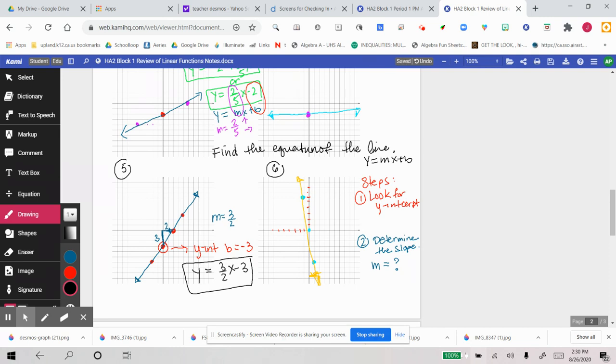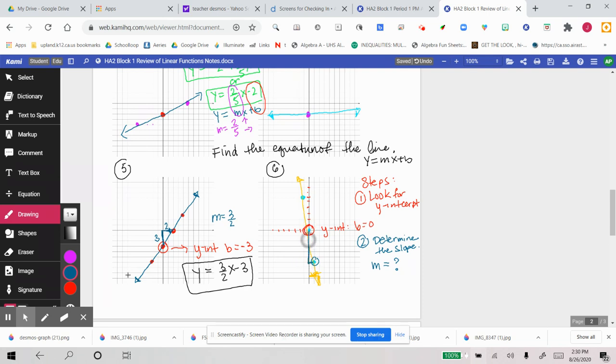And our last one, again, look for the y-intercept, where it crosses the y-axis. So the y-intercept is b equals 0. Look for the slope. It doesn't matter which point you go to. How do you go from here to here?